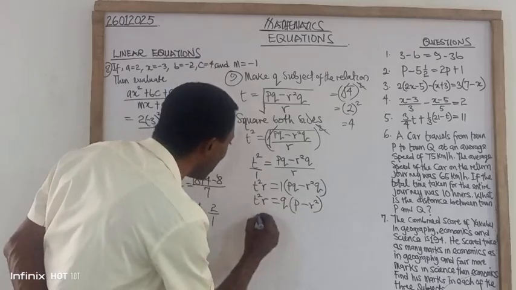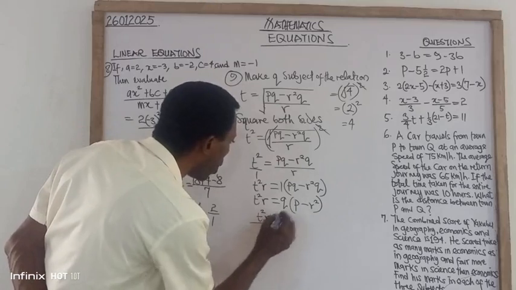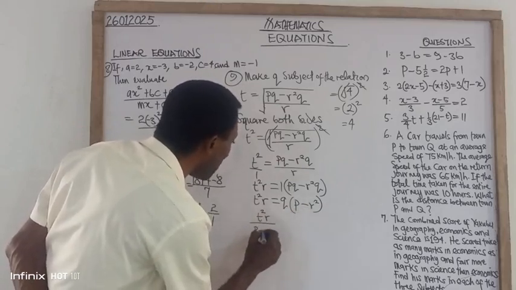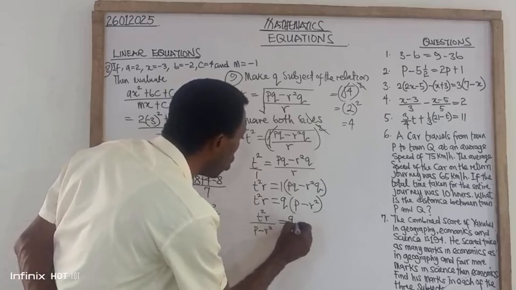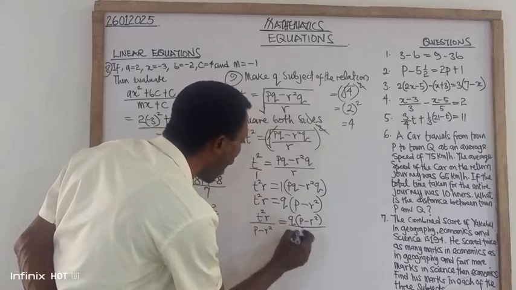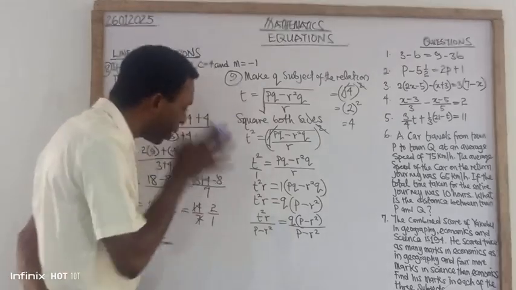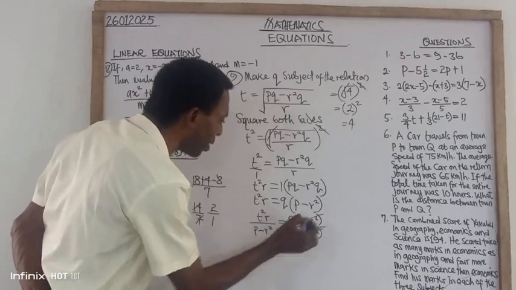So what we have is t squared r over, what do we have? Over what is disturbing, that is p minus r squared, is equal to q into p minus r squared over p minus r squared. So from what we have there, we can now easily say this one cancels this.